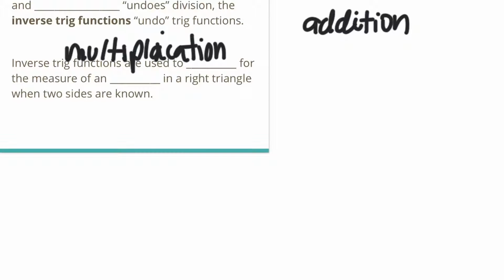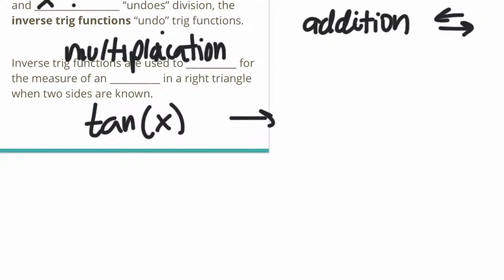The inverse trig functions undo trig functions. So you know how plus and minus are opposites, times and division are opposites, up, down, left, right. Tangent of x is actually the opposite of inverse tangent of x.